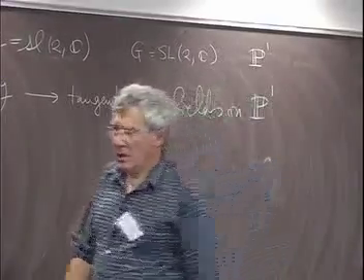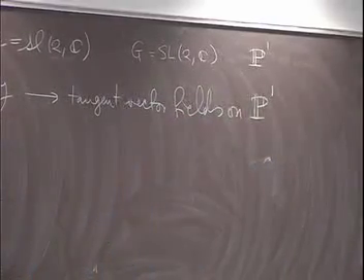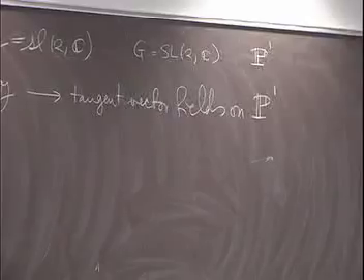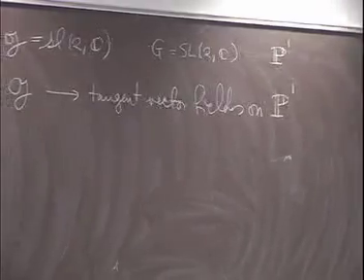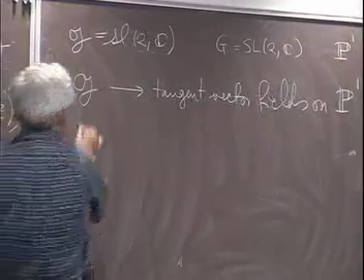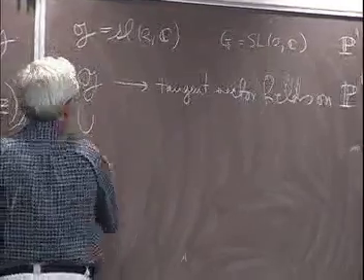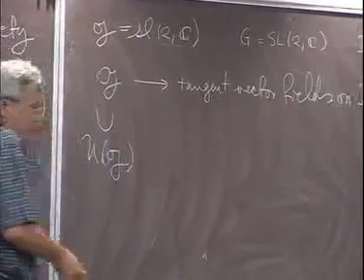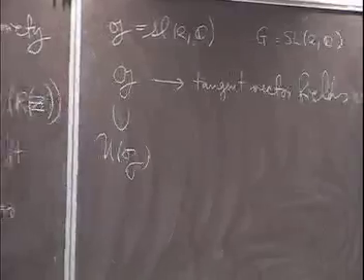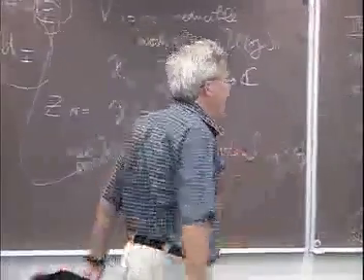Now I can replace the Lie algebra by the enveloping algebra. Remember, you get the enveloping algebra by making monomials in elements of the Lie algebra and spanning an associative algebra over this.